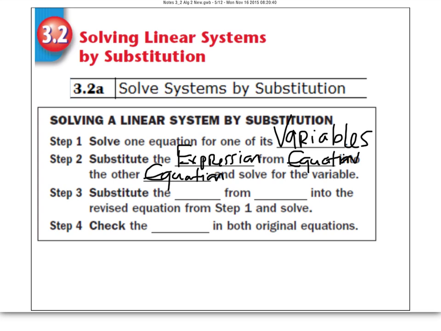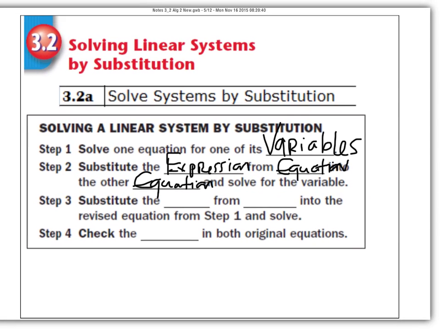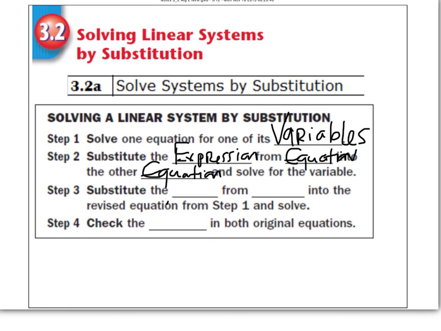In step 3, you're going to substitute the answer that you got in step 2 into the revised equation from step 1 and solve. Then the last thing you do is check the answer in both original equations. Let's walk through a few.